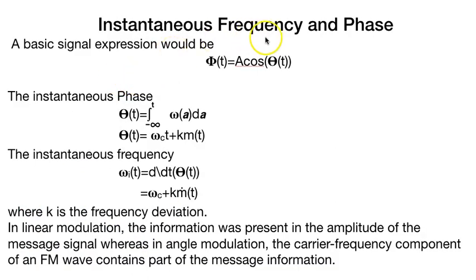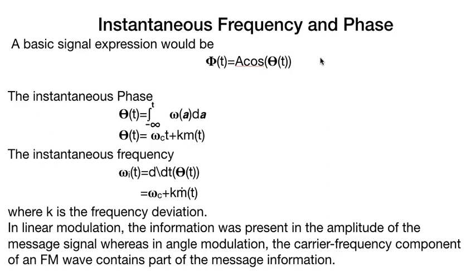The instantaneous frequency and phase. Before calculating what an FM signal and a phase signal are, we must know the instantaneous frequencies and phase values, how to calculate them, how to get an instantaneous frequency from a PM signal, and an instantaneous phase from an FM signal.